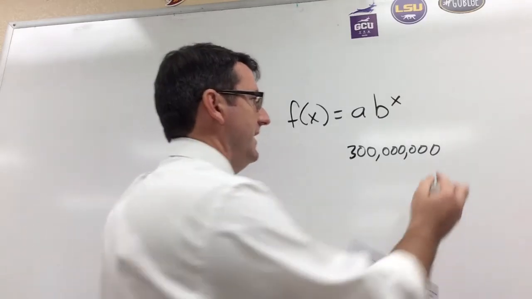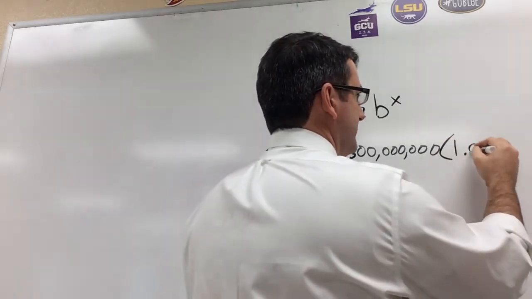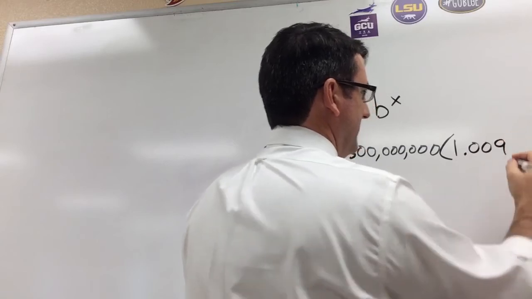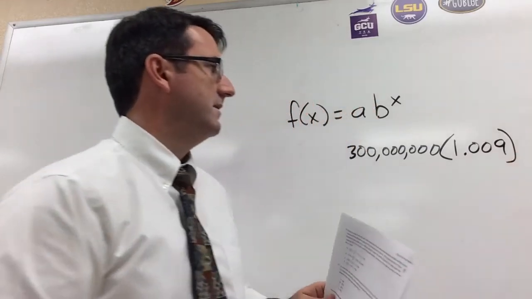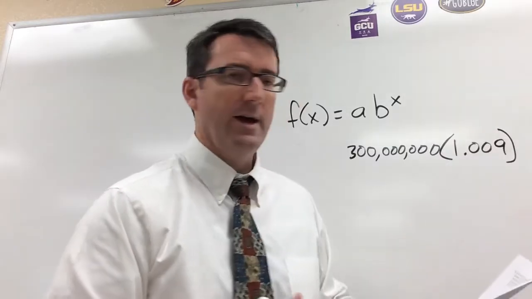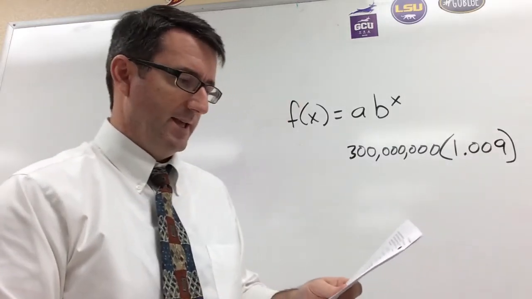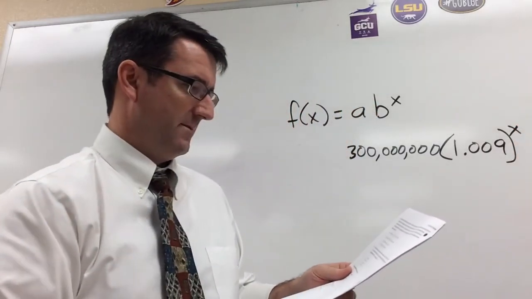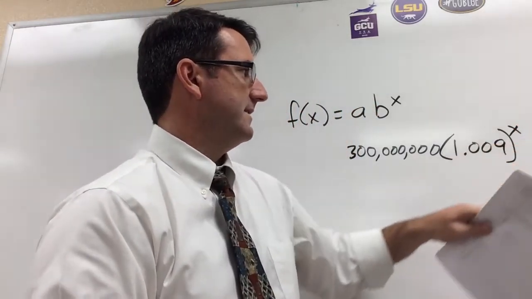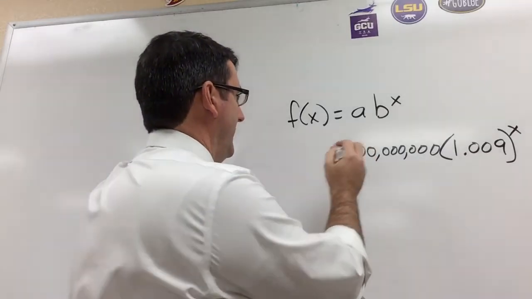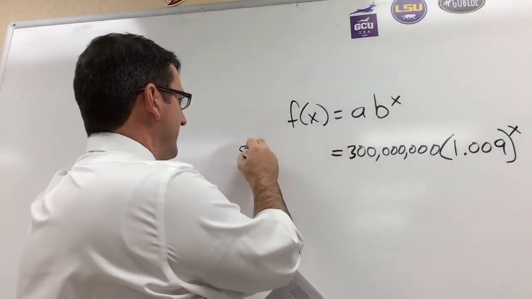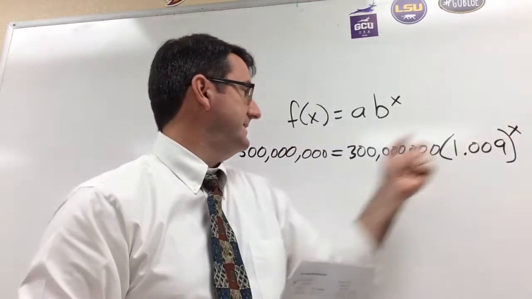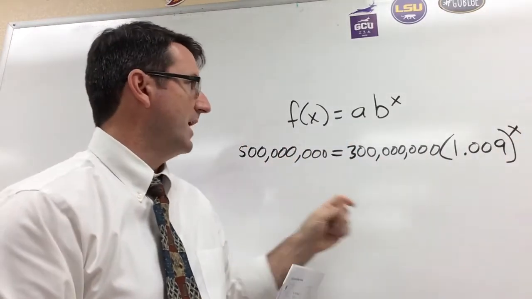And we're going to represent that as 1.009, that would be 100.9%, to the x, where x is the number of years. And over here we're going to have 500 million, because we want to know how long it's going to take to get to 500 million.